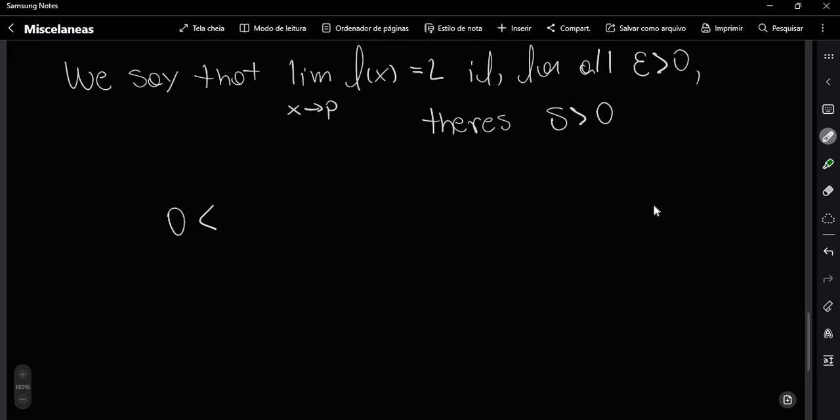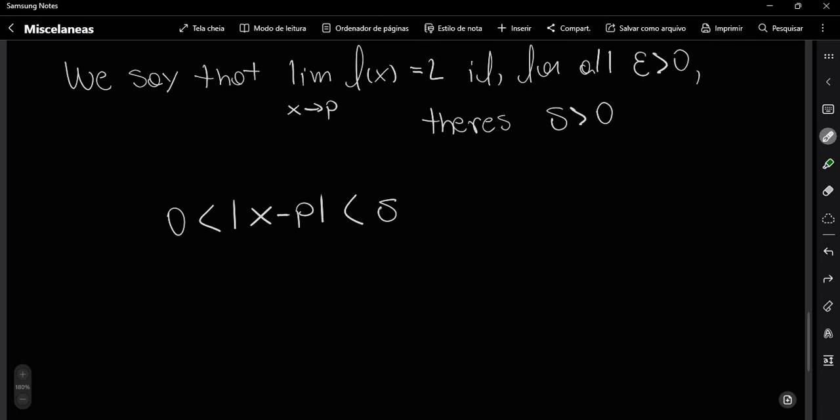So 0 less than the module of x minus p is less than delta.